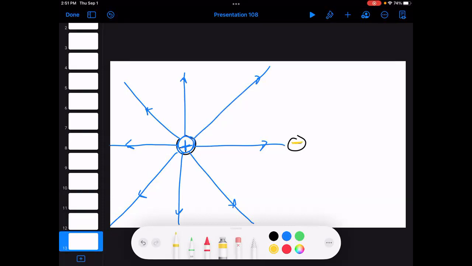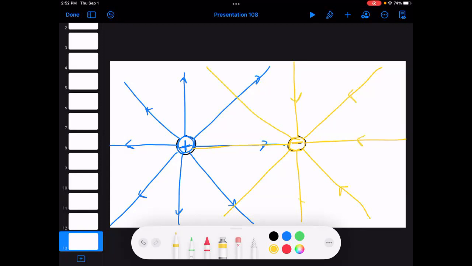And I know this negative charge is going to have a pretty identical field, because all monopoles have a pretty identical field, except the lines will be going towards it instead of away from it. Okay.